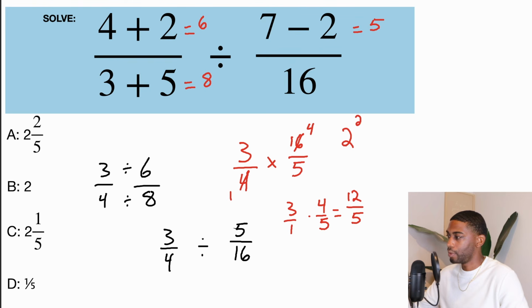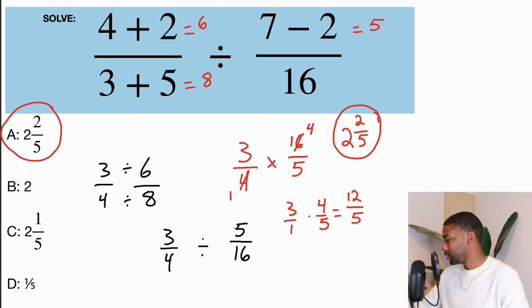And then the denominator stays the same, being 5. 2 and 2/5. We change this improper fraction into a mixed number, 2 and 2/5. We go to our answer key. Look at that. A would be the correct answer. 2 and 2/5.